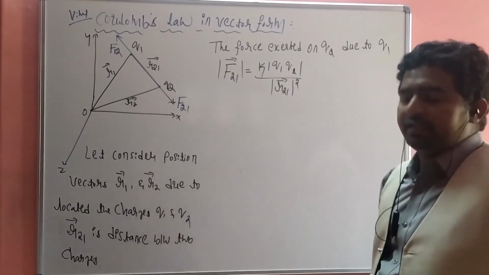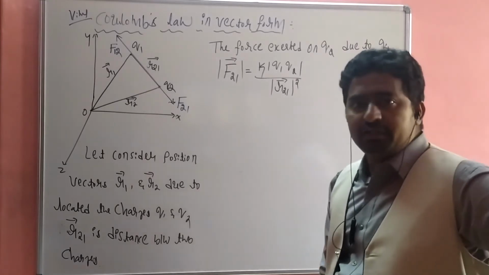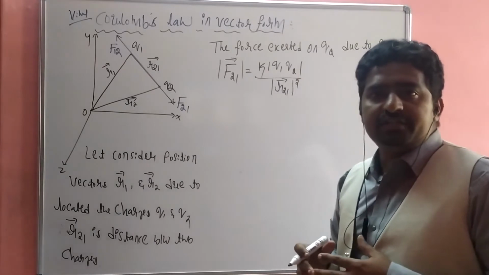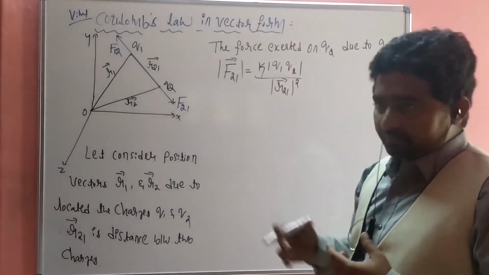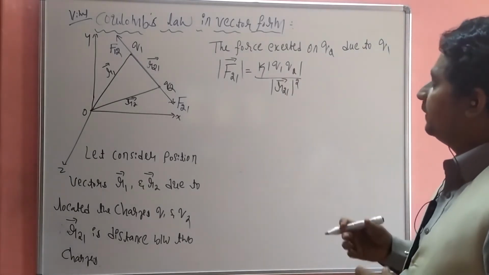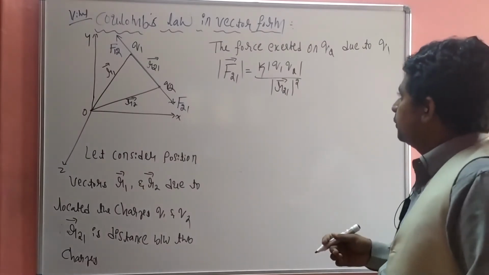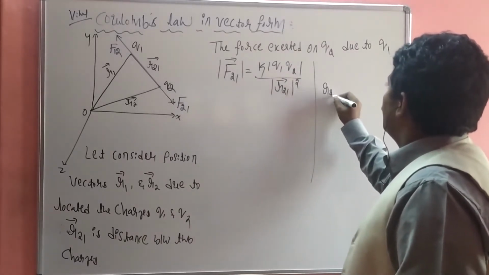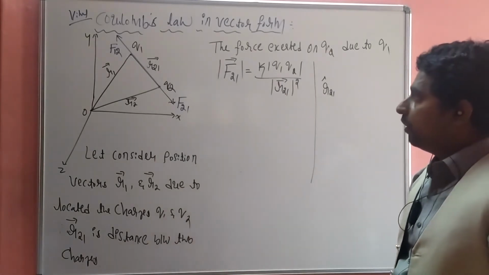Now, what is the direction? Focusing on the direction is most important because Coulomb's law is derived in vector form. In case of direction, the unit vector is most important.